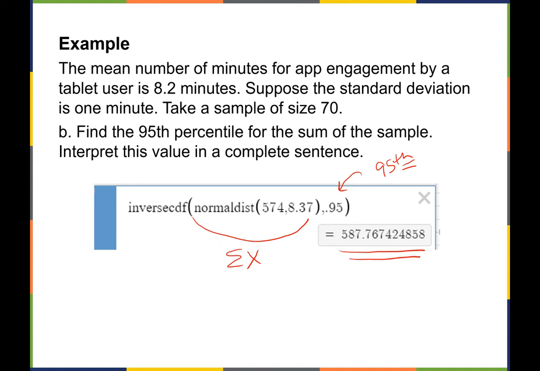So in a complete sentence, we would say 95% of the time, for a sample of size 70, the sum of those 70 values will be below 587.8 or so minutes.